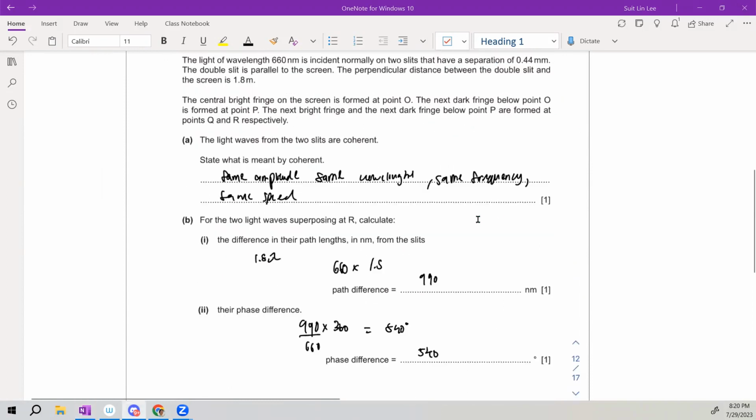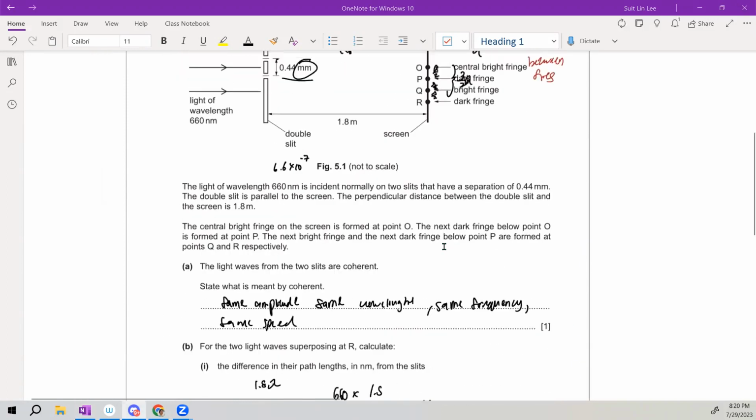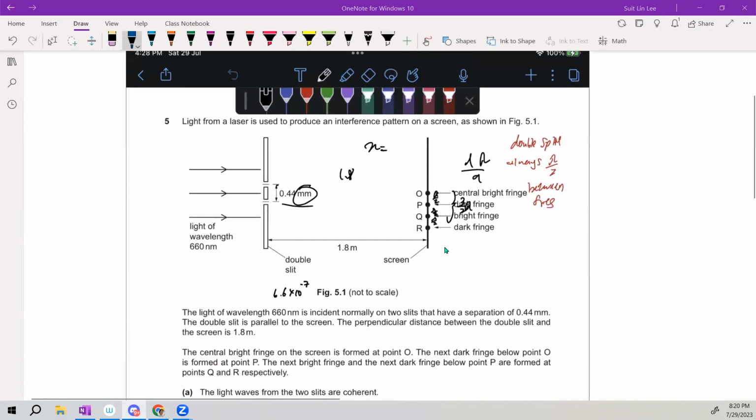Okay, so this question is from Summer 22, paper 22. If you want to follow along.